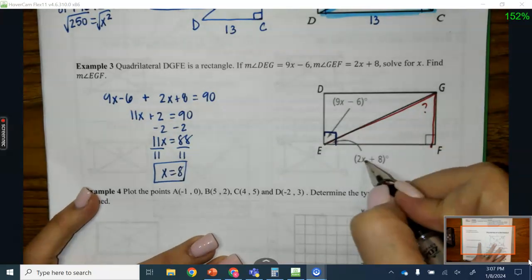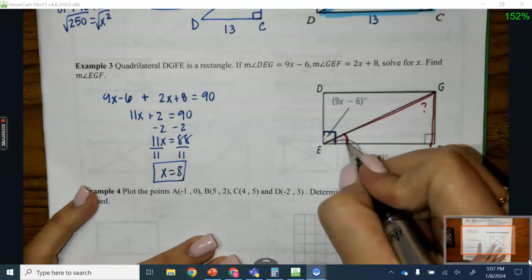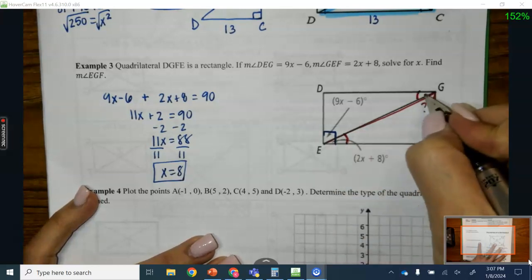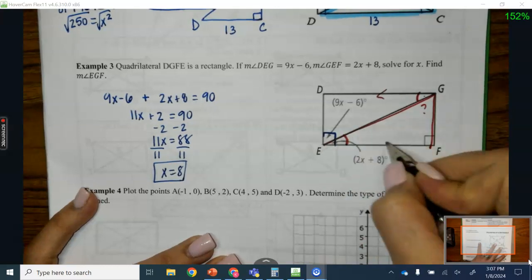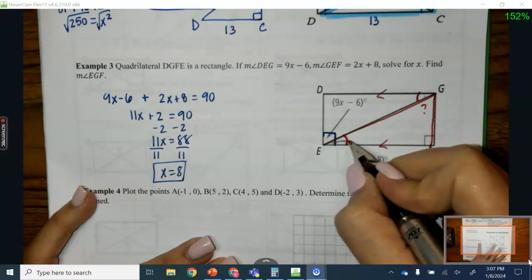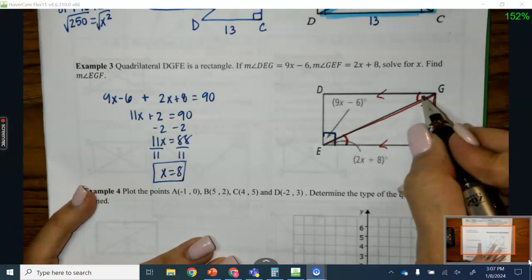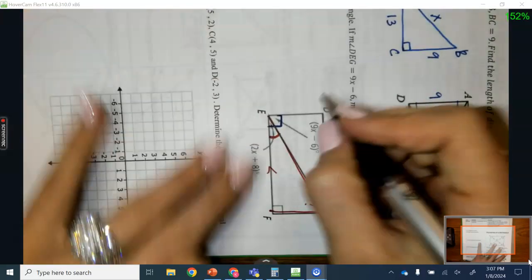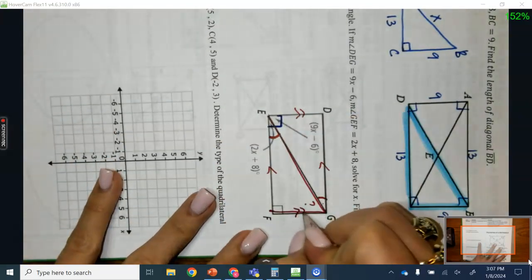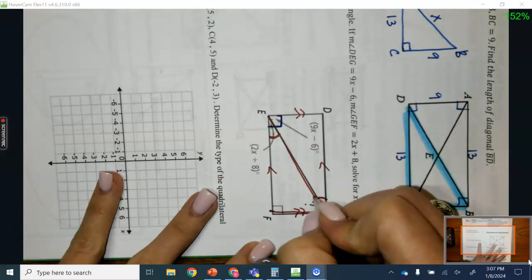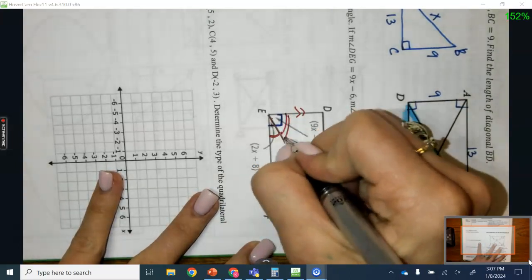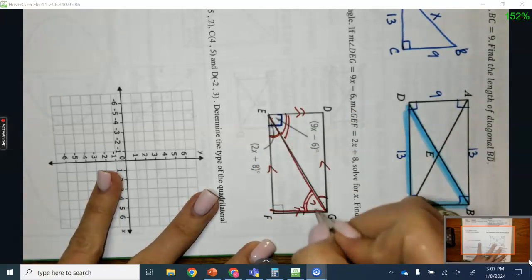So if I look at the 2x plus 8, I can already tell that 2x plus 8 is going to be alternate interior to this up here along this diagonal with these two parallel sides, right? 2x plus 8 is congruent to this part. Meaning, with these two parallel sides and the transversal, 9x minus 6 would be congruent to this part right here, the part that I want.